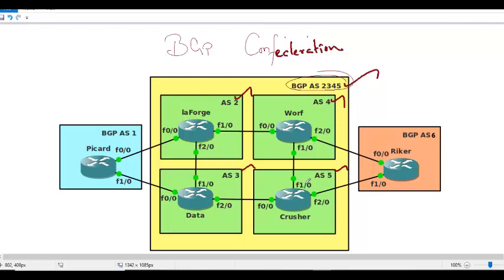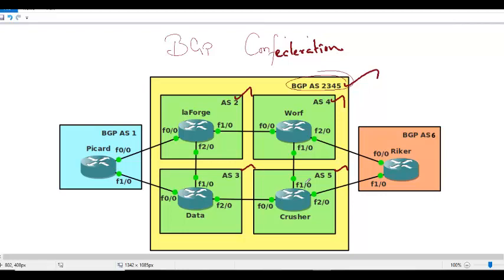So you have a primary autonomous system called 2345, and you have secondary autonomous systems like 2 separate, 3 separate, 4 separate, or 5 separate autonomous systems. You can also call them sub-autonomous systems, inside the primary autonomous system.